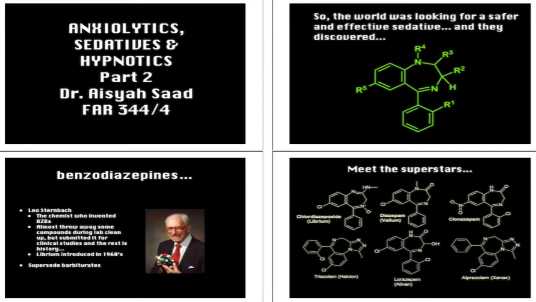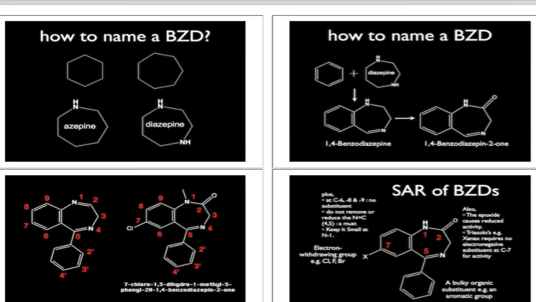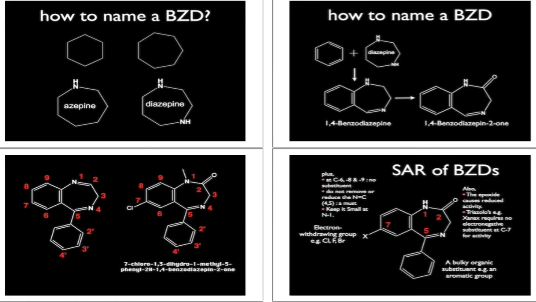Also, we should be able to discuss, describe, compare and contrast with illustration. That is, you should be able to use chemical structures and write short notes to talk about barbiturates and benzodiazepines.